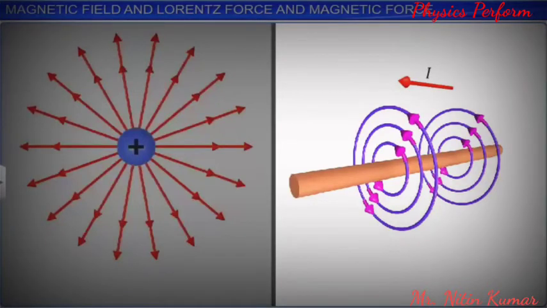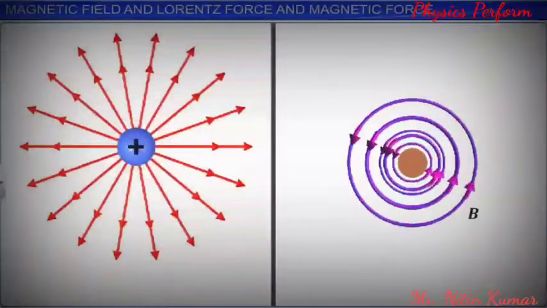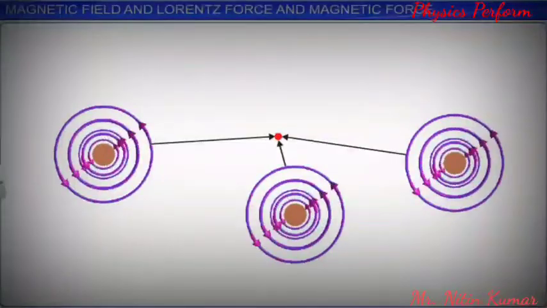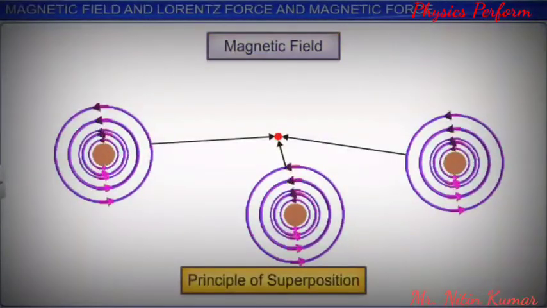It is denoted as B, and when we represent it vectorially, we display it in bold type. The properties of a magnetic field are identical to those of an electric field. Similar to an electric field, a magnetic field also obeys the principle of superposition.